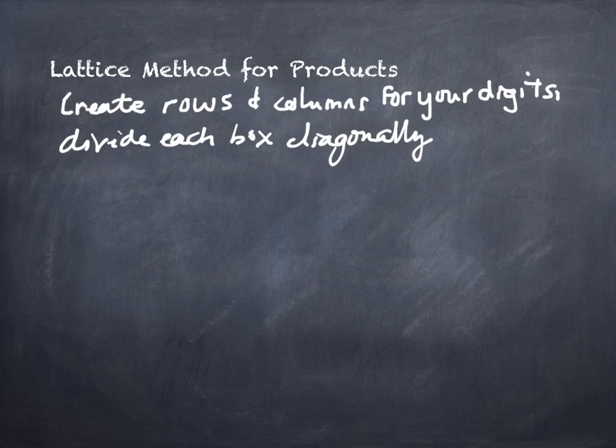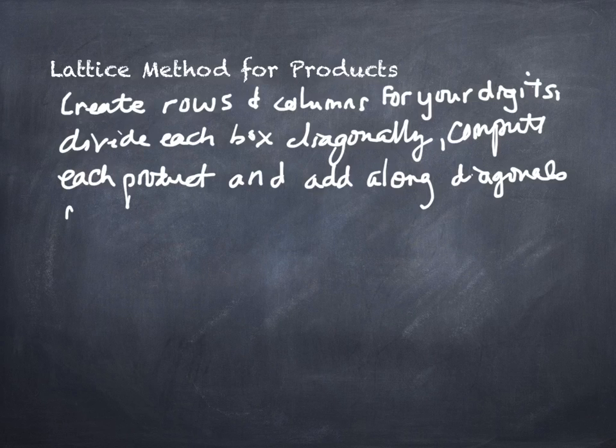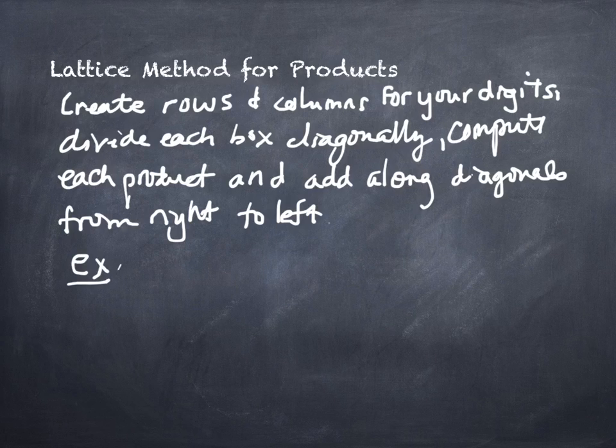You compute each product and add along the diagonals from right to left. And the easiest thing to do to explain this is to actually show you one.